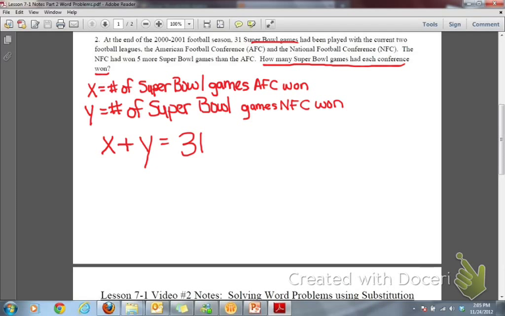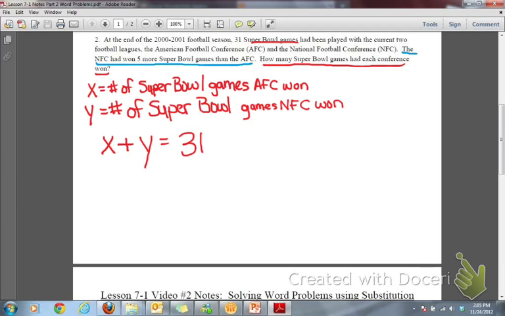The other one is a little bit trickier to write. I'm going to switch to blue here, maybe. And it deals with, well, I guess it's just the second sentence. That first sentence was long. The NFC had won 5 more Super Bowl games than the AFC.